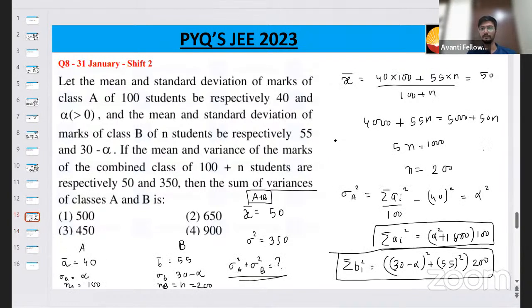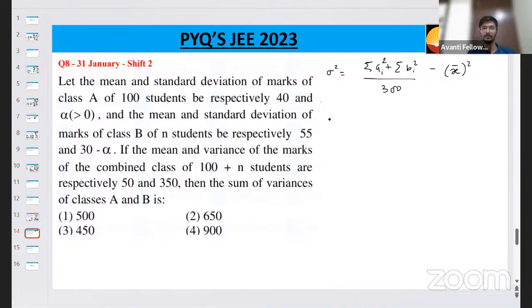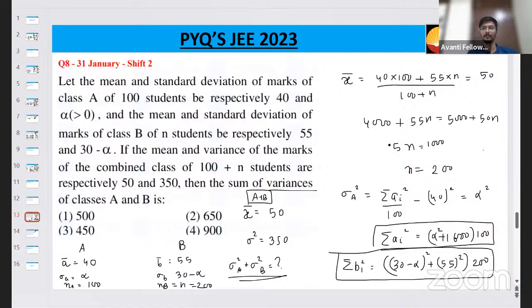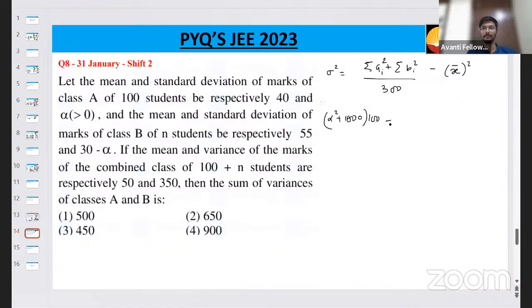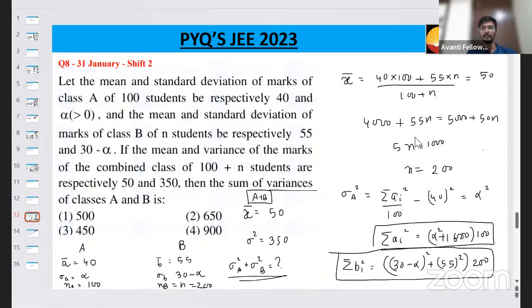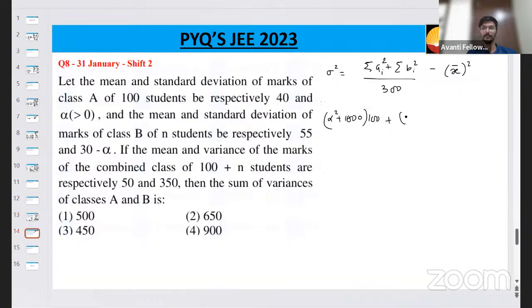So alpha square plus 1600 into 100, plus 30 minus alpha the whole square plus 55 square. What is 55 square, guys?